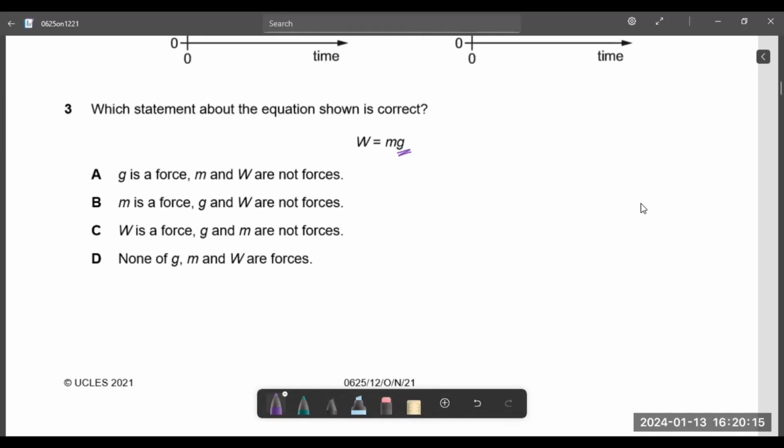The right choice is weight is a force, mass is the amount of matter, and G is acceleration due to gravity. So G is not a force, M is not a force, weight is a force. So C is the right choice.